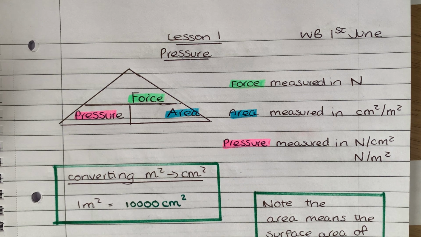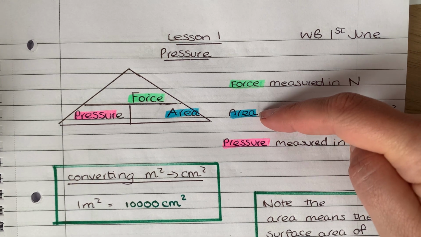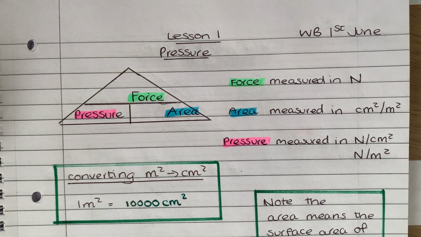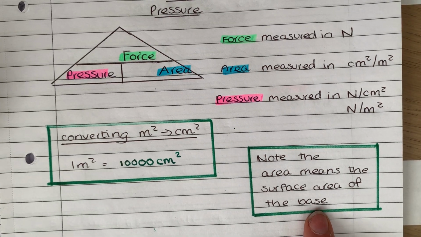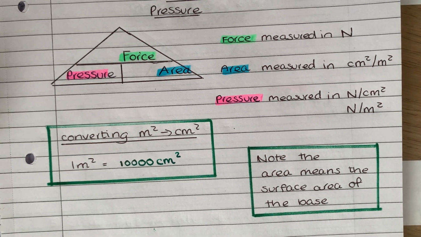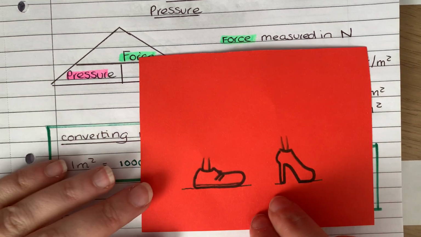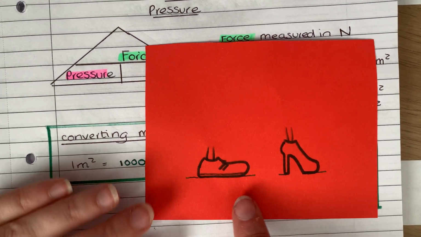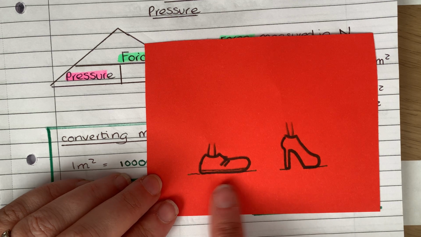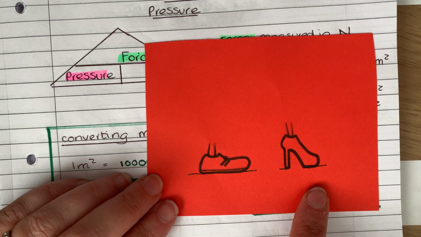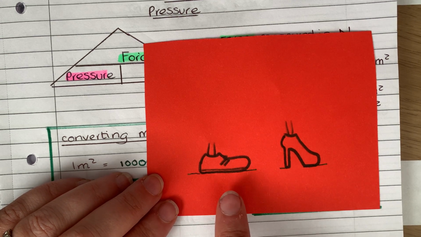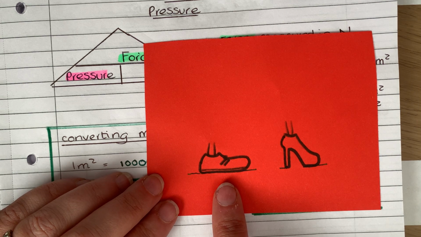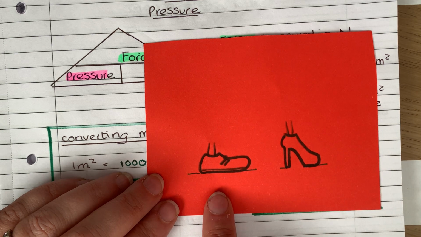Okay. When we talk about the area, we're talking about the surface area of just the base. So please excuse the pictures here, art is not my speciality. So imagine shoes, and that's what I like to think of when talking about pressure. Imagine the same person, so the same force coming down, wearing these shoes.